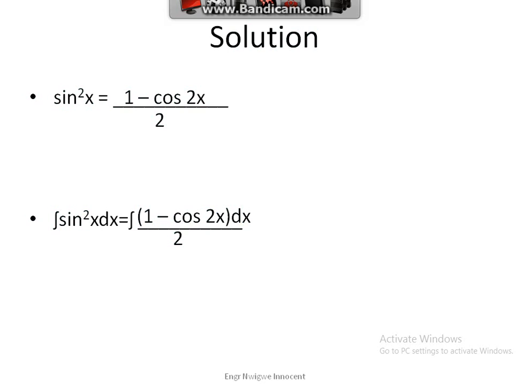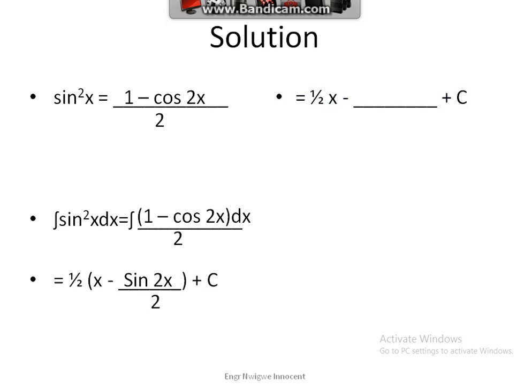Then if we integrate individually, we now have in bracket 1 half times in bracket s minus sine 2s over 2 plus c. Then if we open the bracket, we now have half s minus sine 2s over 4 plus c.